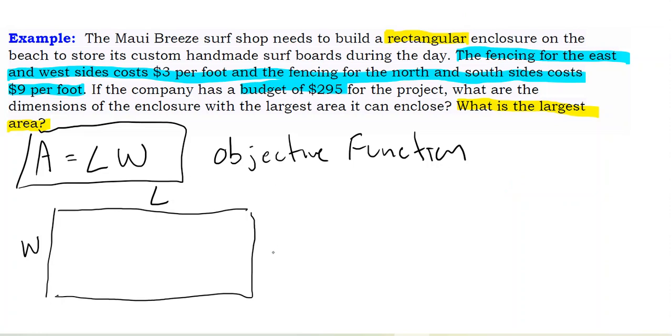And so the left and the right sides would be the east and the west sides. And so let's come up with an equation for that. We know that this side here costs $3 per foot, and W represents the number of feet. And so this side over here would cost $3 per foot, and W, width, represents the number of feet there.